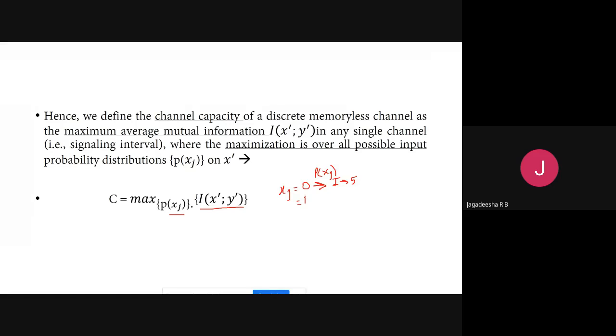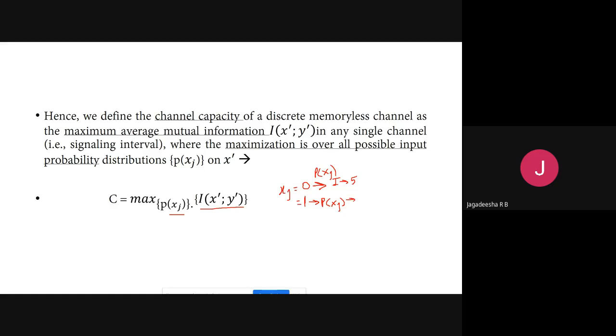The possible value of xj is 1. So what's the probability of xj equal to 1? There is some value, right? We should know that, as that should be the input probability. Now xj is equal to 1. What's the probability? Maybe 0.4 or 0.5, 0.6, any value.